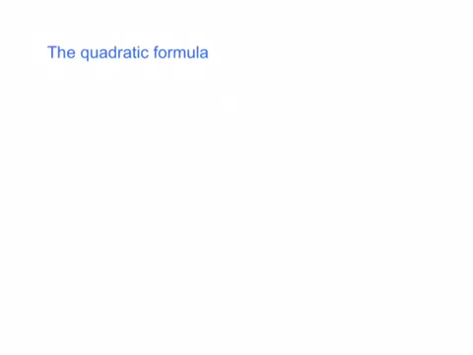Last thing we're going to do in these sections would be using the quadratic formula. We need to remember that the standard form of a quadratic is ax squared plus bx plus c. This method is used only to find the roots without a calculator.